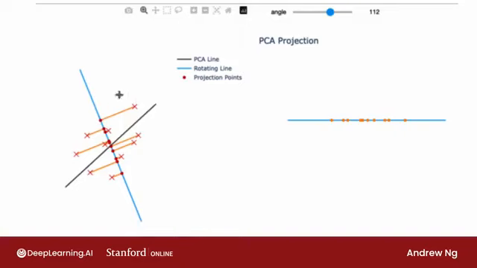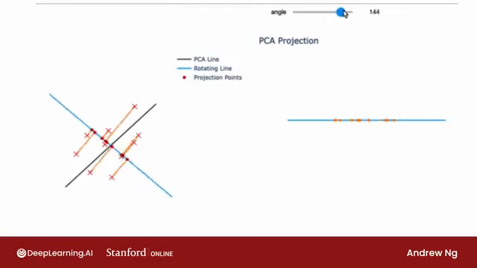And here on the right is that projection of the data, meaning the value of these 10 examples' z coordinate. And you notice that when I set the axis to about here, the points are quite squished together. And so this preserves less of the information of the original data.